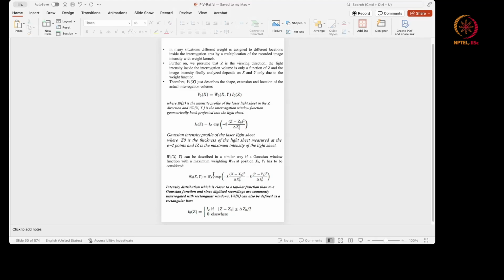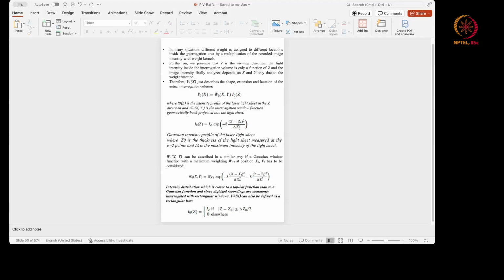And W naught xy, which is the interrogation window function geometrically back projected, is described in a similar way by a Gaussian window function with a maximum weighting, which is W naught at a position x naught, y naught. So this is also given by this particular relationship. This is a weighting function, and because of the viewing angle, we have this weighting function as well as the laser intensity sheet profile.